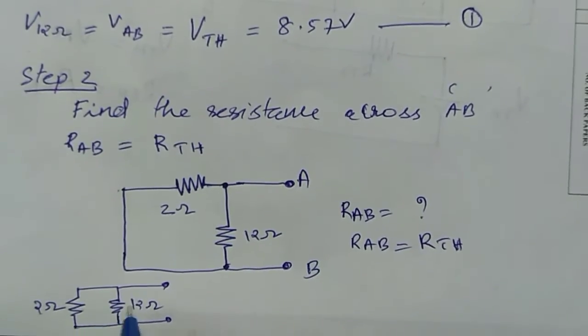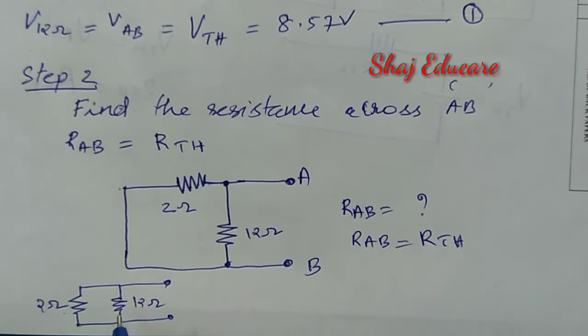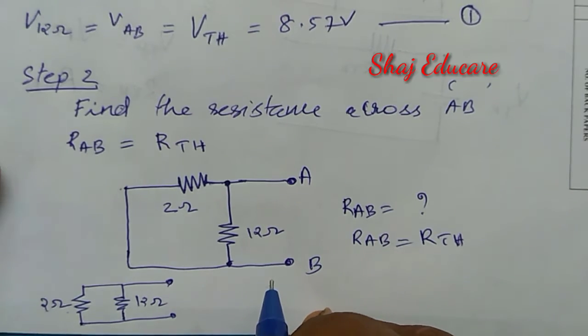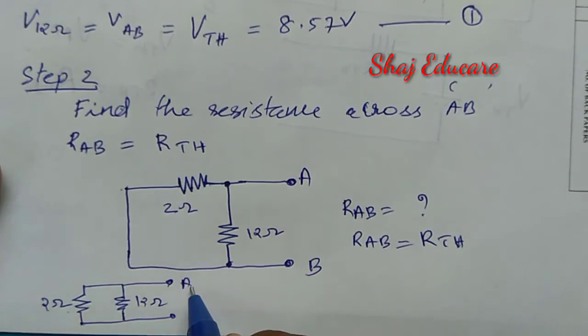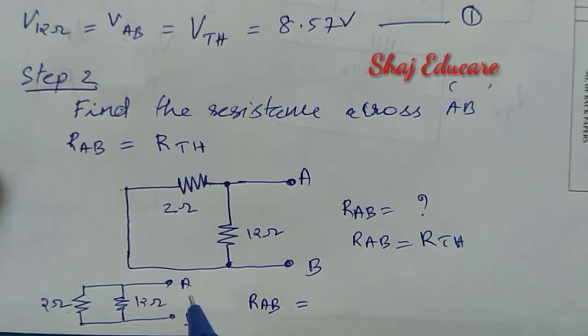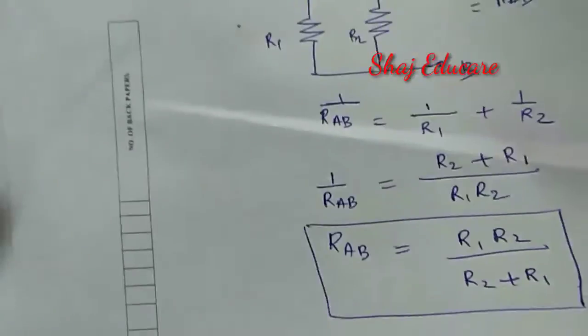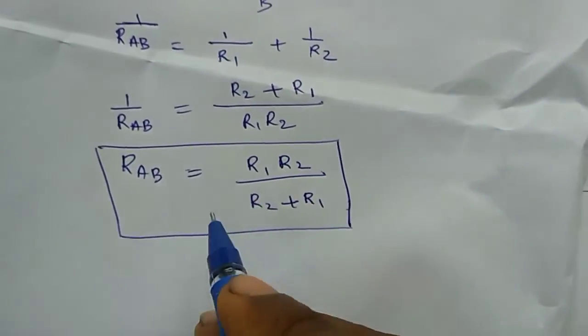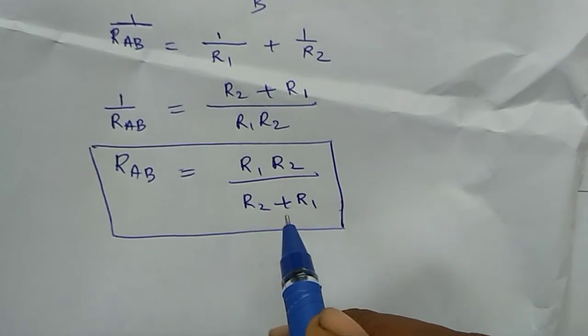In our case, these resistances 2 ohm and 12 ohm are parallel to each other. So, how can we find out the corresponding resistance across A and B? RAB is equal to R1 R2 divided by R1 plus R2.